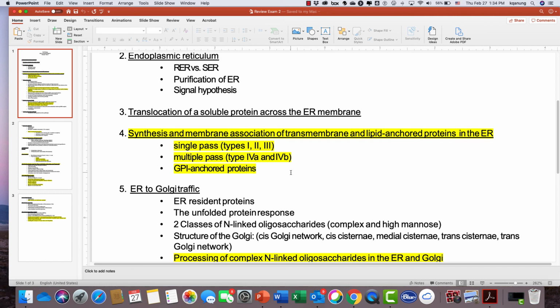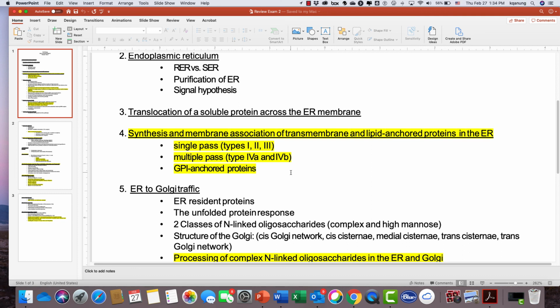So think about this: you have the ribosome right there, and you have this part coming out. Now, right here the hydrophobic part appears, which could be either a signal anchor sequence or a stop transfer signal, depending upon the condition.